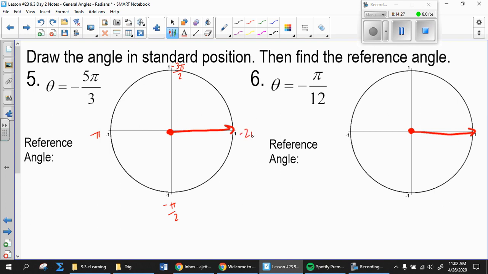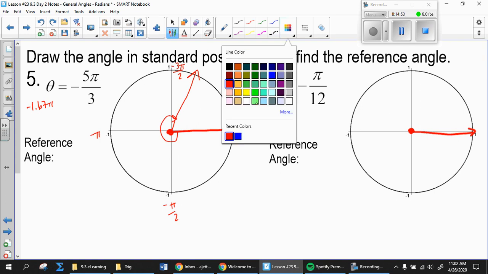And then here's my negative 2 pi. Again, if it helps you to think about this, 5/3 is negative 1.67. Well, this is negative 1.5. So I know it goes a little bit further past this here. So I know it's not quite 2, but it is going to be past 3/2.